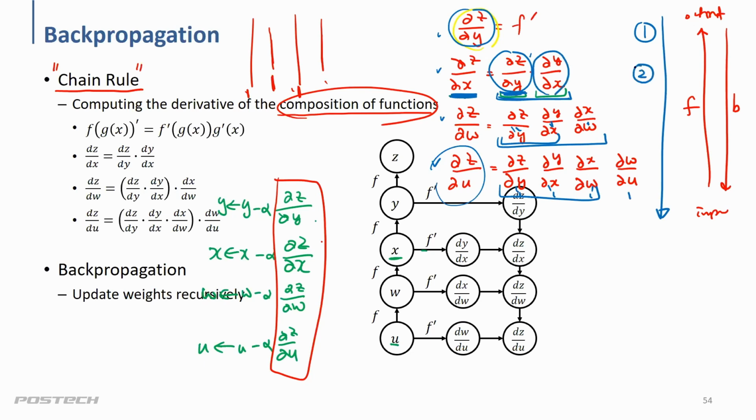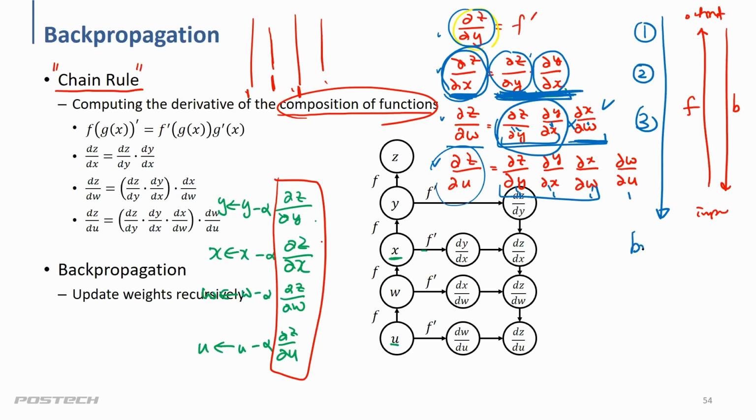So that's the second. And the next thing is that here I already computed these two, so I'm going to read the values from the memory. I don't need to compute this. All I need at this step is just another one partial derivative. That's it. And with multiplication of the values in your memory. Does it make sense?